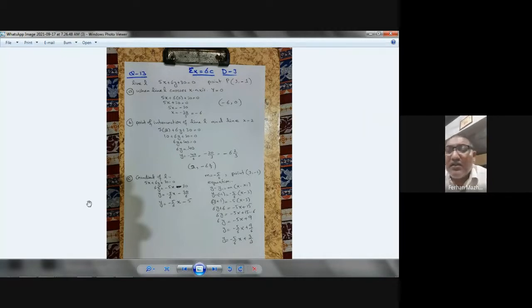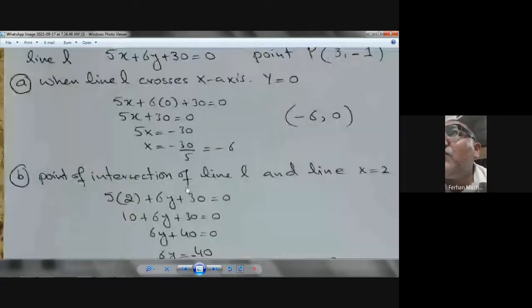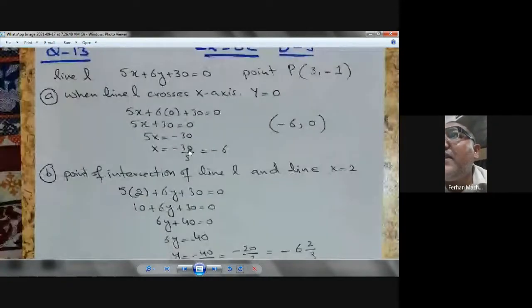Given that P is the point (3, -1), part A asks for the coordinates of the point where the line L crosses the x-axis. So they are talking about the line L when it cuts the x-axis, I told you. If you know, it's very easy.